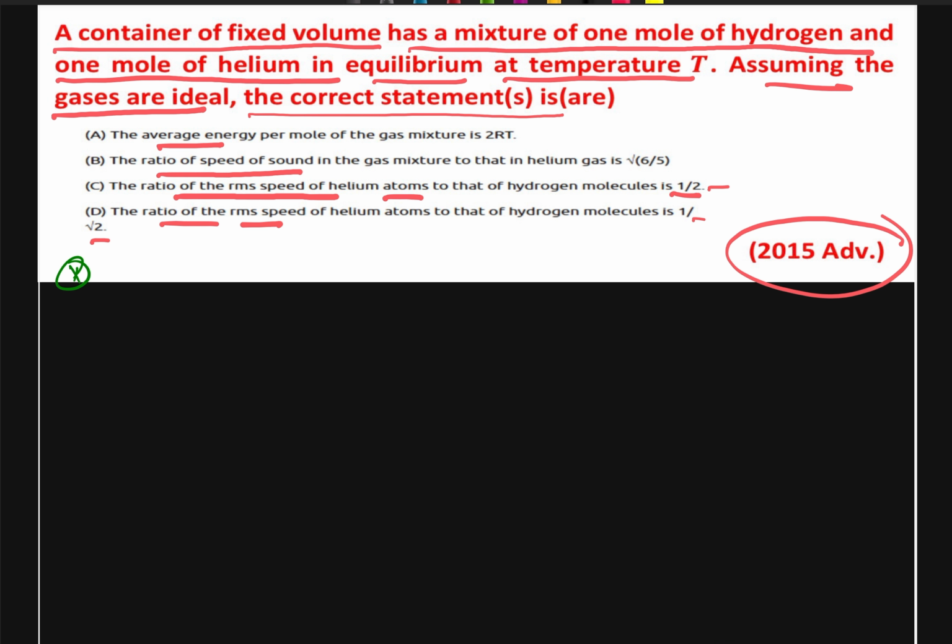So we are having hydrogen, which is basically diatomic, and molar mass of hydrogen is 2 gram per mole, and the degree of freedom, that is the value of F, is 5: 3 translational and 2 rotational at a typical temperature.